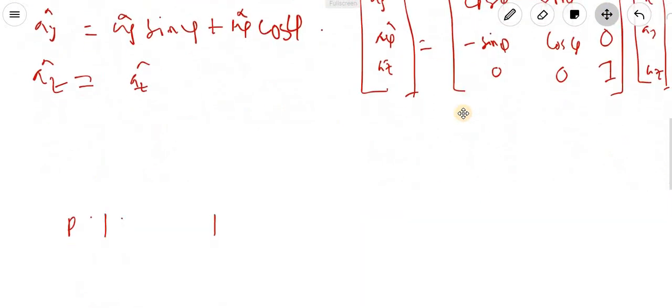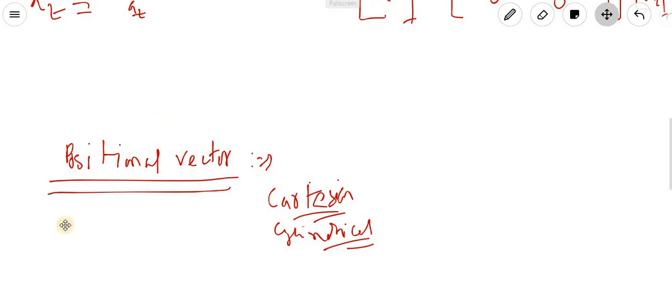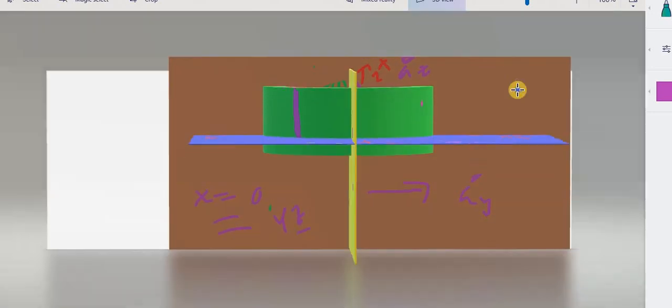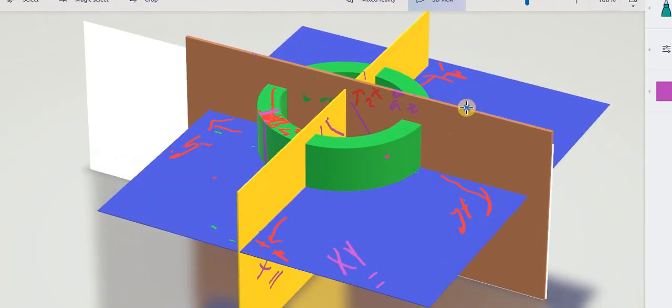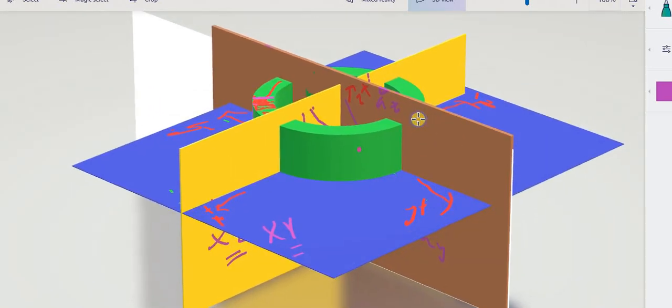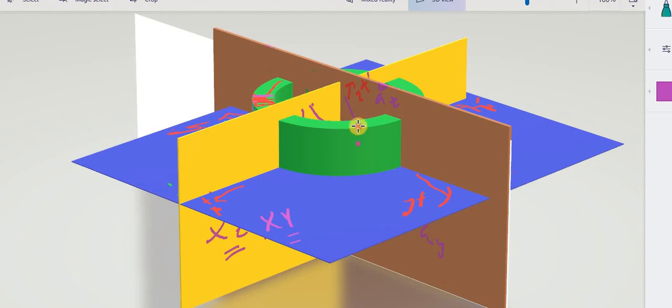Now we will switch to the position vector. What is a position vector? A position vector represents the position of any point. First, let us look at the position vector for Cartesian. Here is the configuration of Cartesian. Suppose I take any point here.